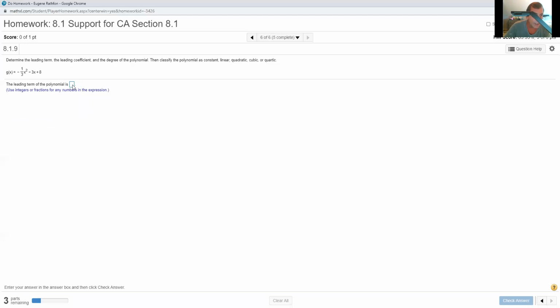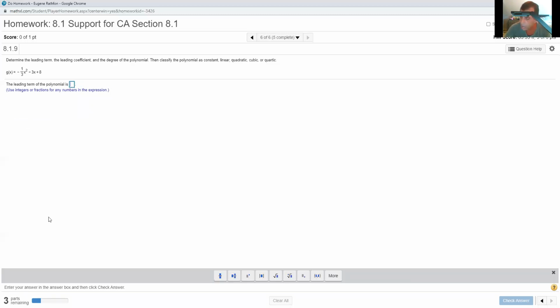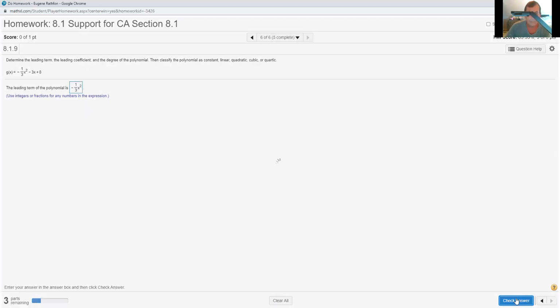The leading term on this one looks like the negative 1 divided by 3. Arrow out, put your x, and then that is going to be squared also. So check that answer. Leading coefficient is the negative 1/3.